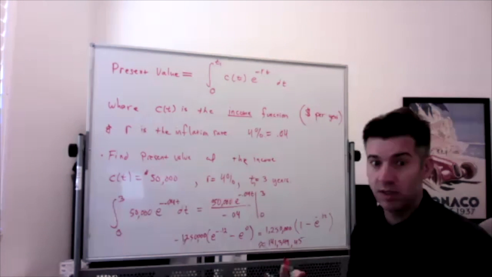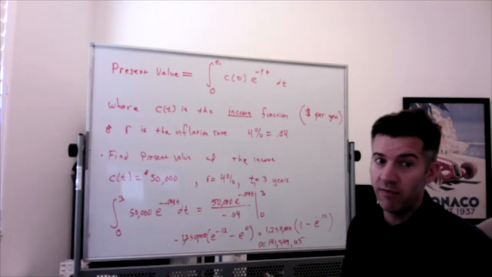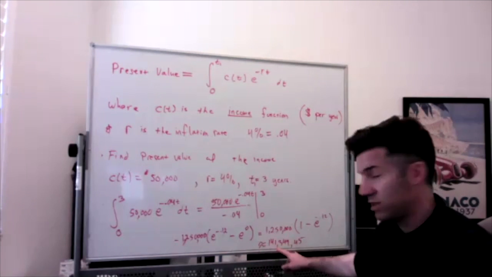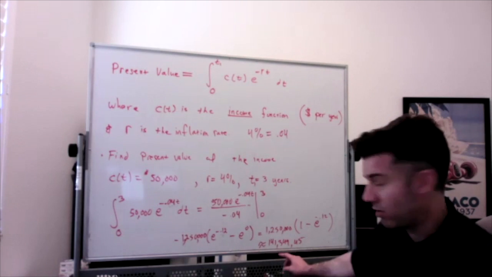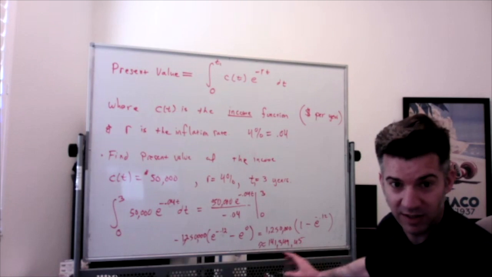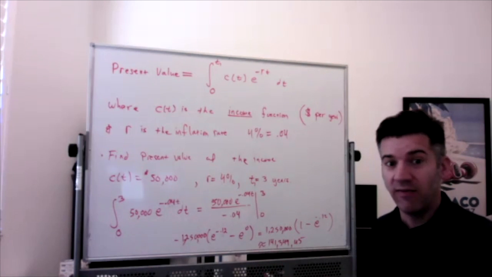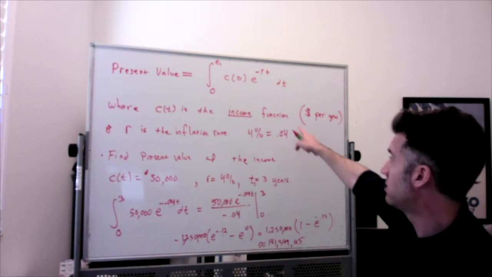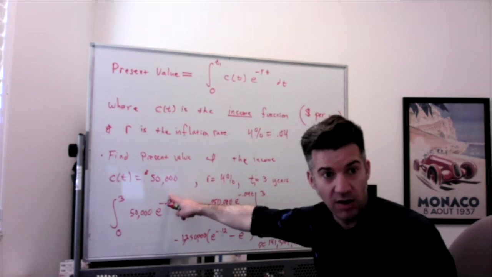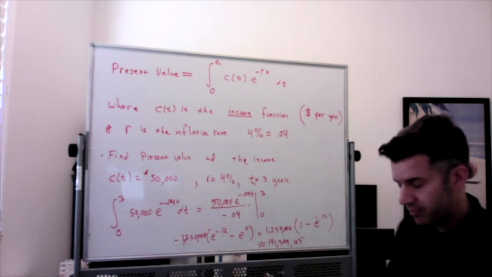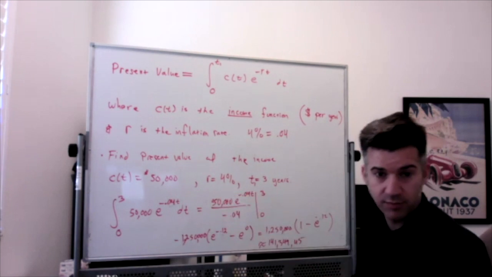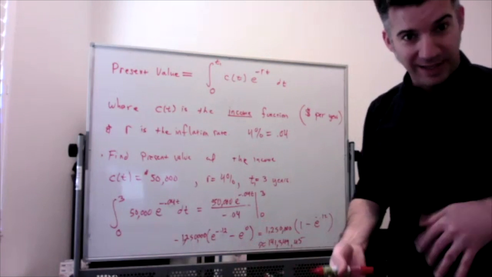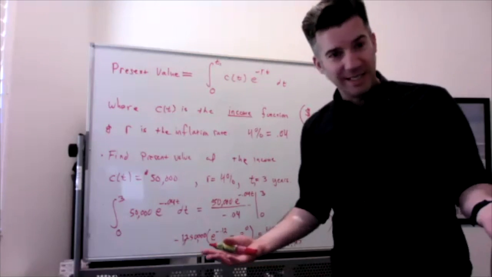What we're saying is that if you started off with $141,349.45 right now, that amount of money would have the same purchasing power because of inflation as the $150,000 that we get over 3 years, if your inflation is 4%. So that's the whole idea. This calculation is pretty easy, assuming you don't make stupid mistakes like I did. But it's easy to make mistakes.